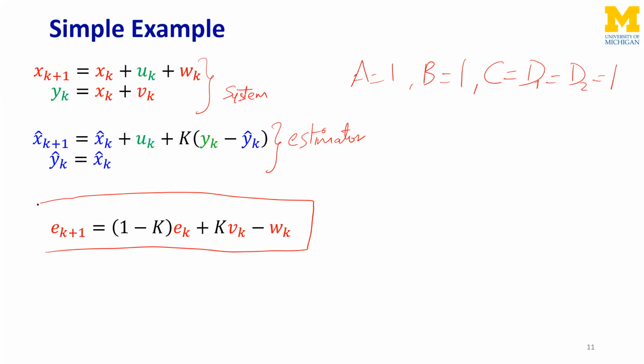So it's a very simple expression, and we clearly see the contribution of the gain K in choosing the weights of the error, the process noise, and the measurement noise. So let's look at some of the responses for some choices of the gain K.